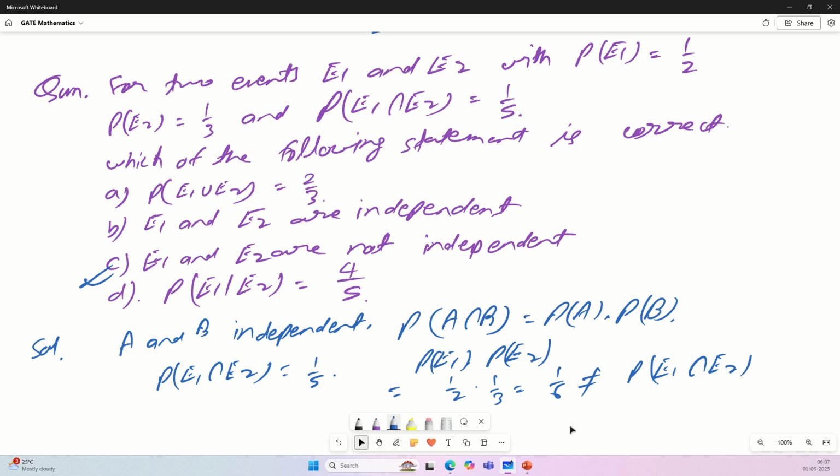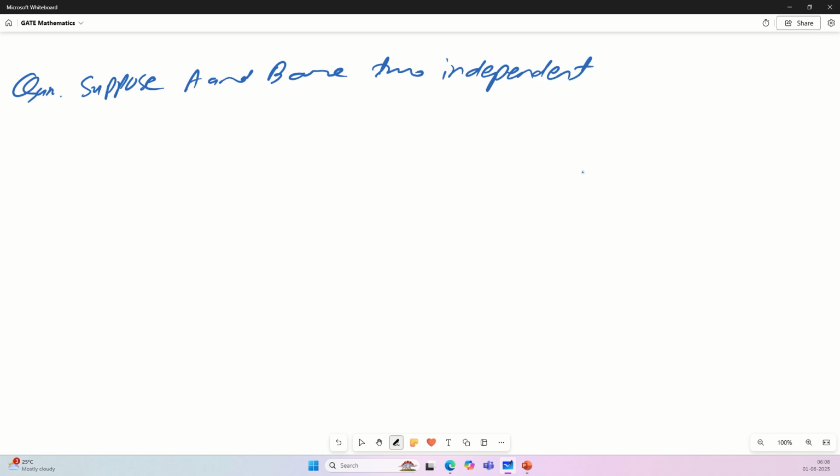Let's take another question. This question was asked in last year's GATE. Suppose A and B are two independent events. Which of the following is false?